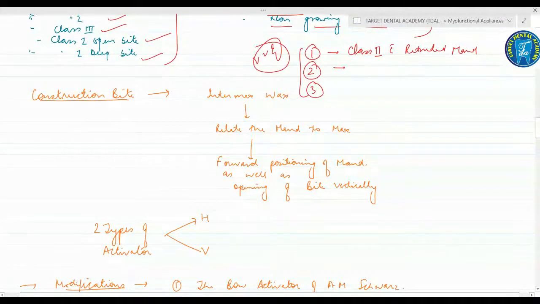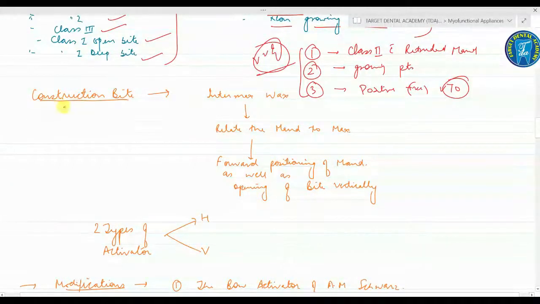Second, they are given in a growing patient. Third, they are given in a patient having a positive VTO, visual treatment objective. These are very important points.